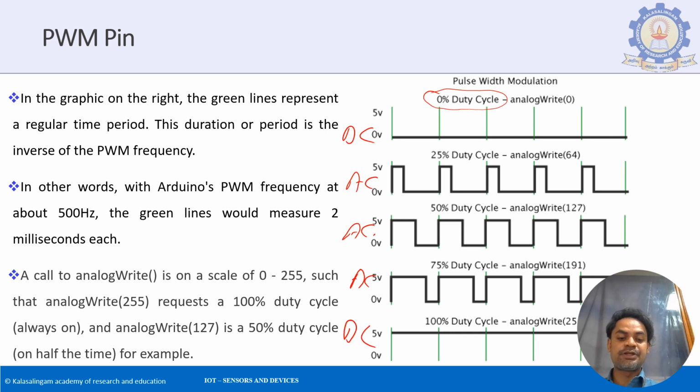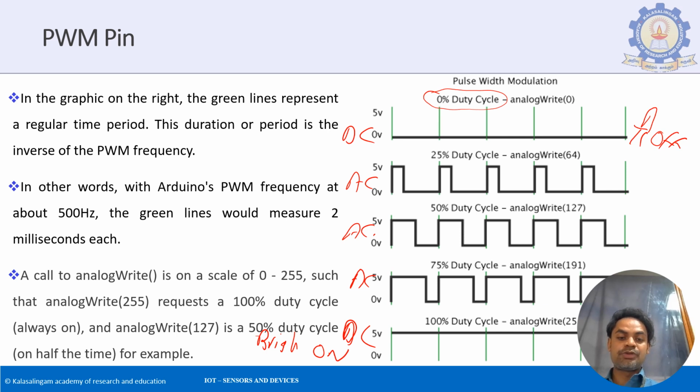Again, this is a DC signal because it has only a positive and it is entirely 5 volt. Here it is entirely 0 volt. So in this case my LED is off. But in this case my LED is going to be on with the maximum brightness, because 5 volt is provided the entire time.